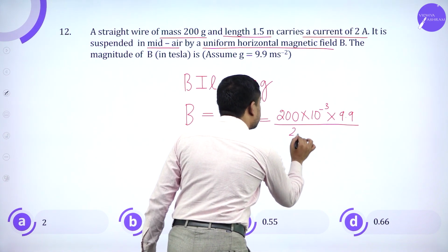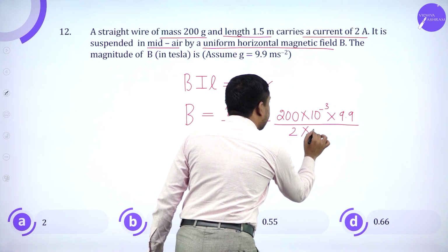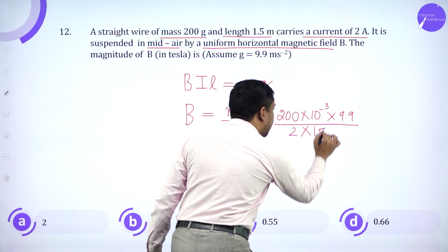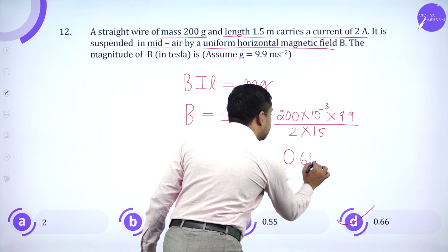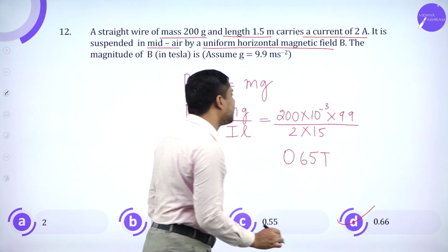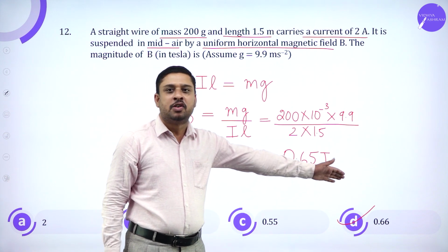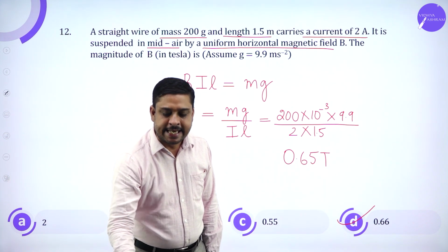Current is 2 ampere. Length is 1.5. Do the simplification. It nearly turns out to be 0.65 Tesla. So the fourth option is the answer.